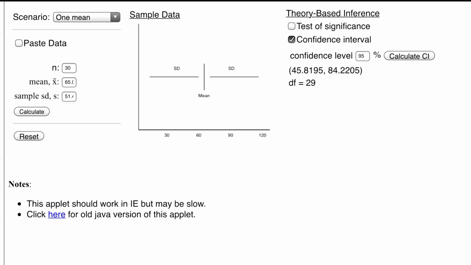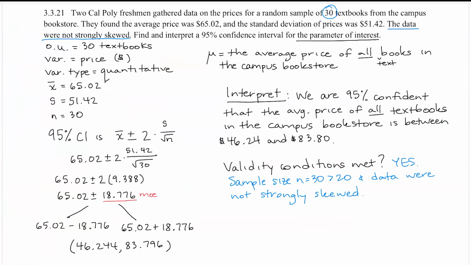And again, if we hit calculate over here on the left, then the confidence interval is updated automatically. So in this case, the theory-based confidence interval is 45.8195 up to 84.2205.